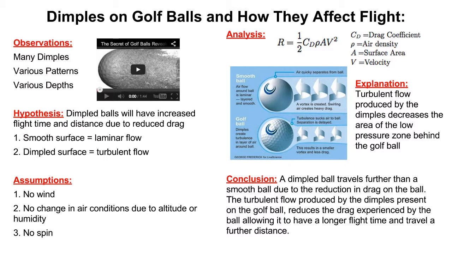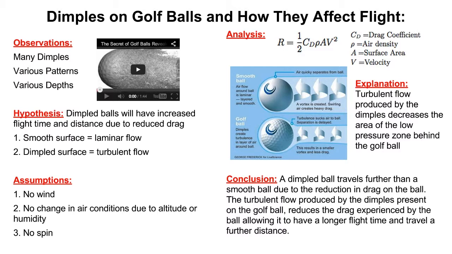You can see this difference in the picture, demonstrating the smooth and the dimpled golf ball, that the low pressure zone is greater behind the smooth golf ball than behind the dimpled golf ball. Since this low pressure area is smaller behind the dimpled golf ball, it creates less drag and allows the golf ball to travel further and be in the air for a longer amount of time.